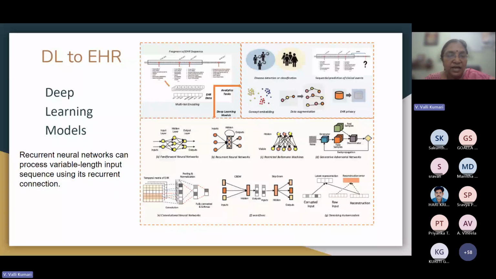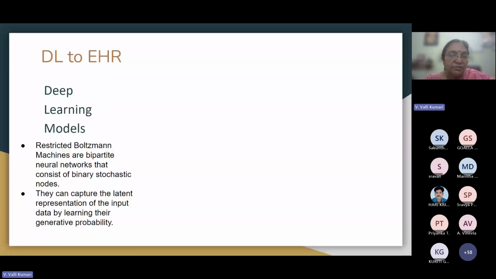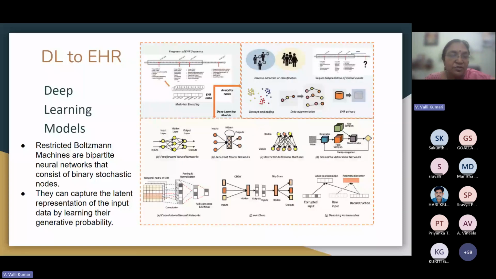We can make use of RNNs for processing variable length input sequences. Or we can make use of Boltzmann machines, which are bipartite neural networks consisting of binary stochastic nodes. What is the advantage? They can capture the latent representation of the input data.